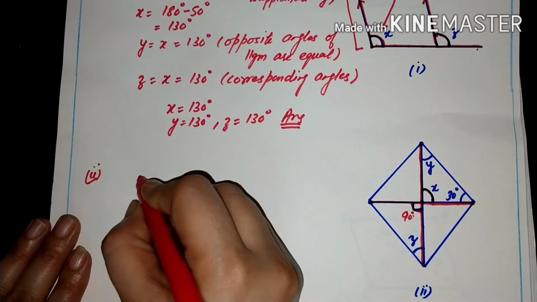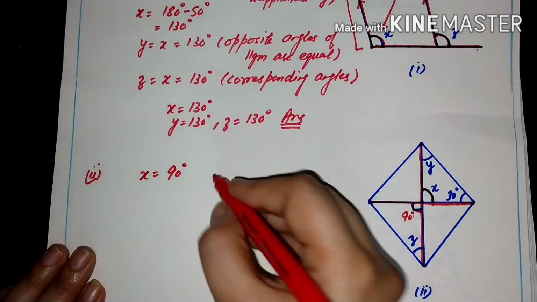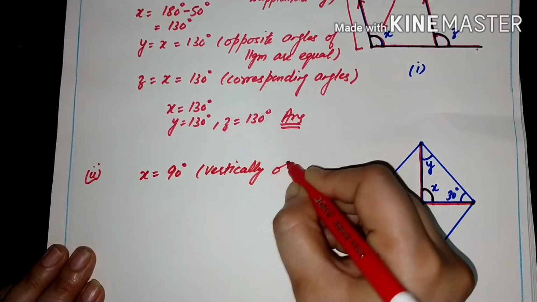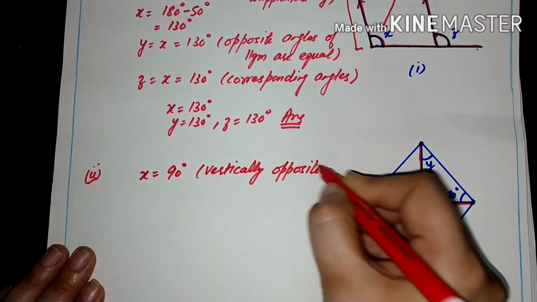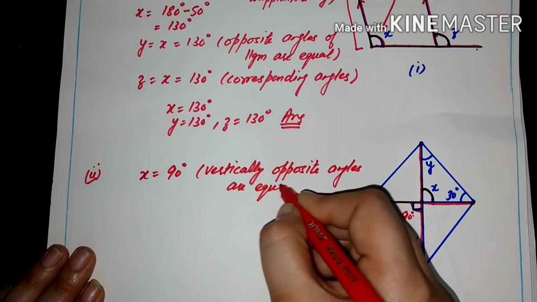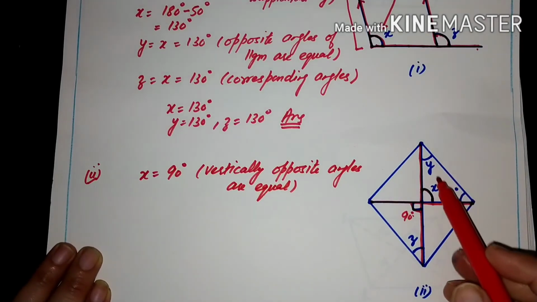That means from here the value of x would be 90 degree, and the reason is vertically opposite angles are equal.